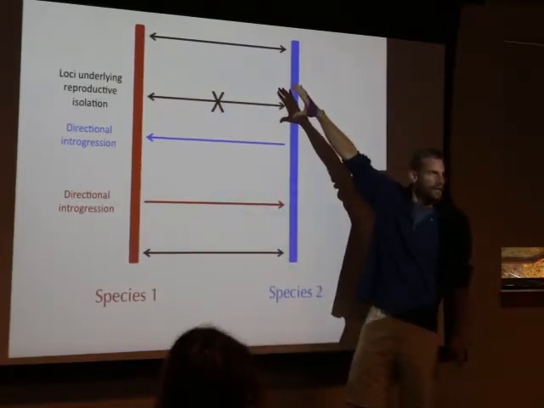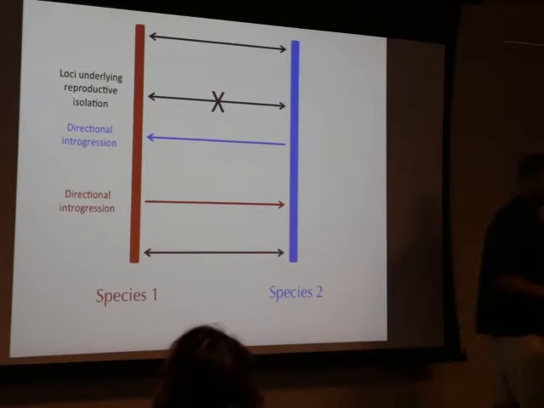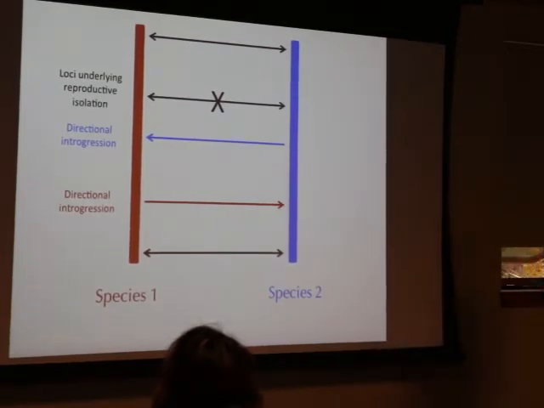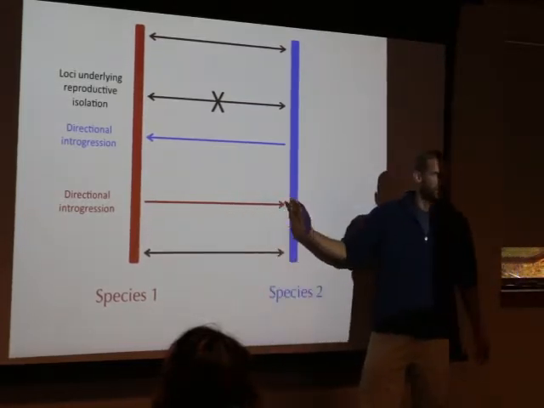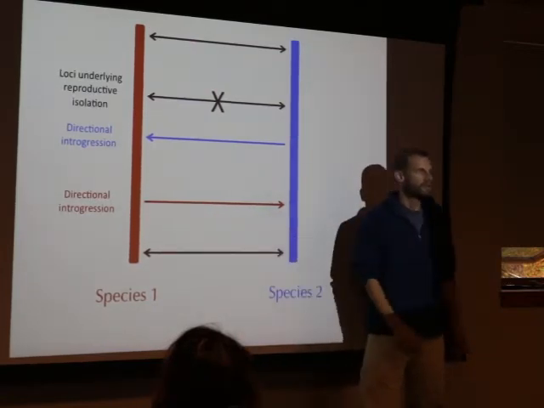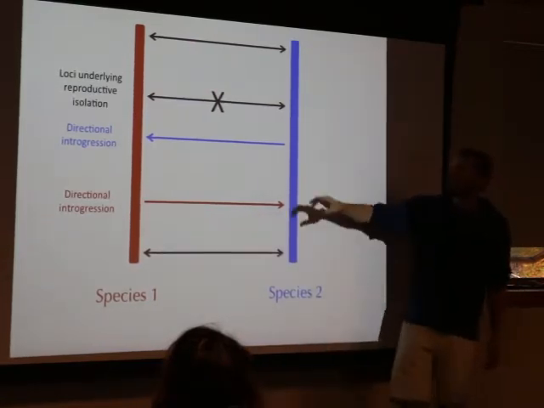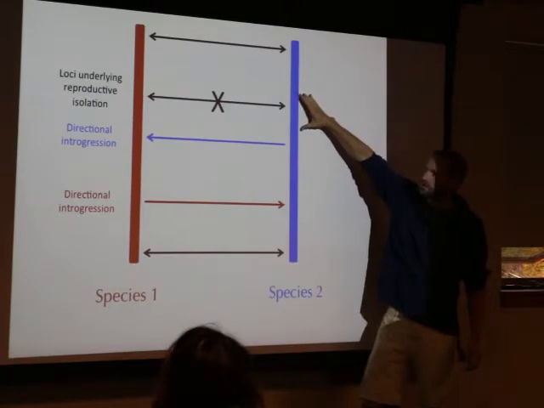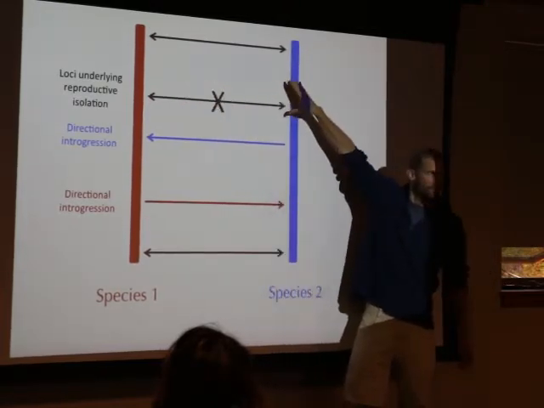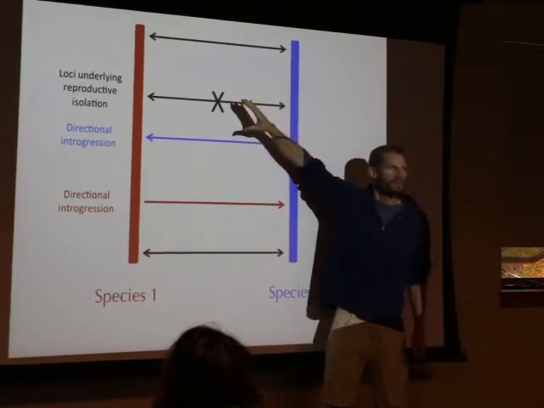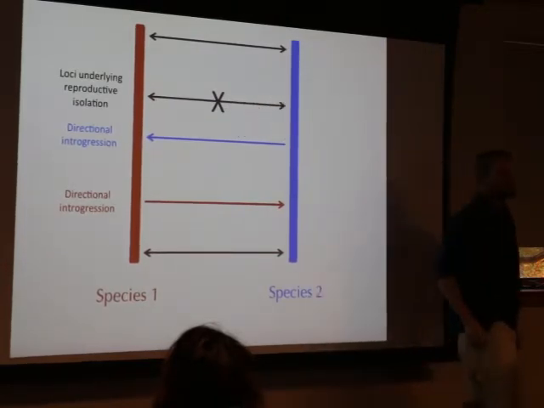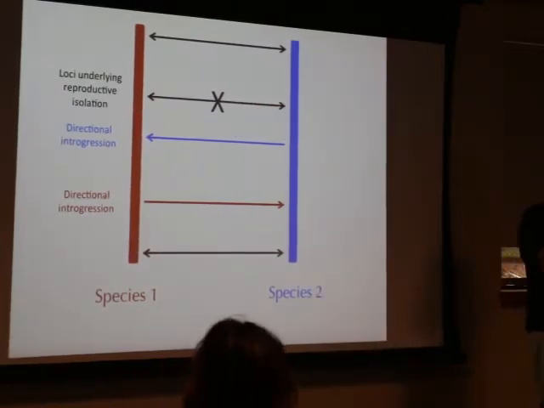And one way in which people are interested in looking at these genomic patterns of hybridization is to understand what loci are actually responsible for maintaining reproductive isolation between species. One approach is to look for the parts of the genome where you don't have alleles moving back and forth, and use that as a way to map loci that are responsible for keeping those species distinct from each other.